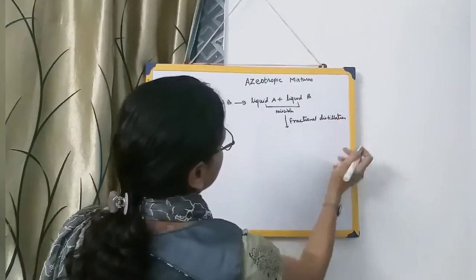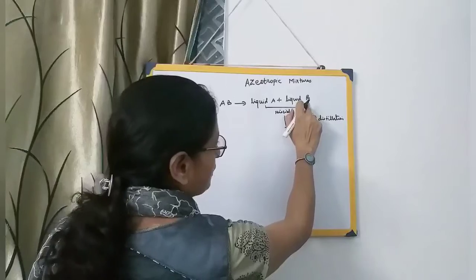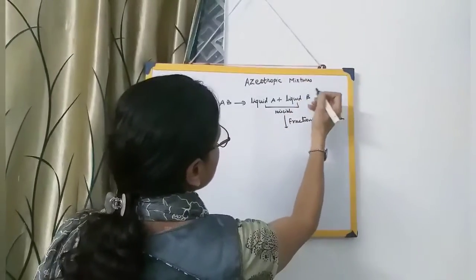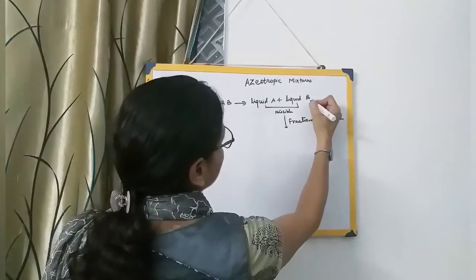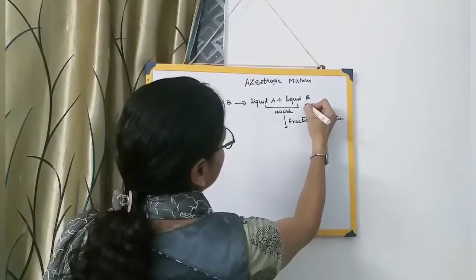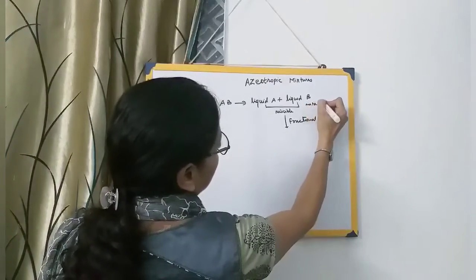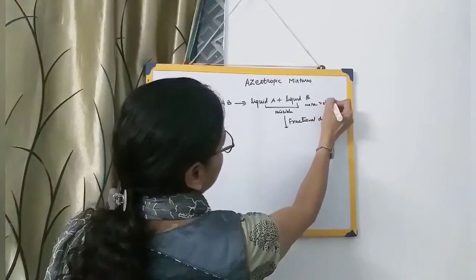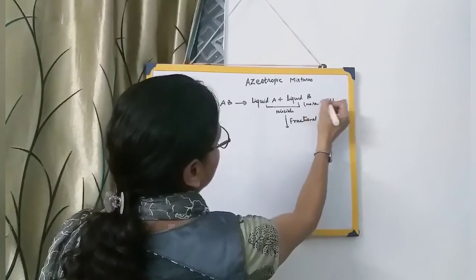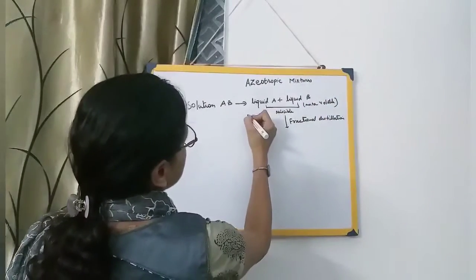Now just imagine that the vapor pressure of B is more. If B is more, this is a more volatile liquid. B will be more volatile, and A is less volatile.